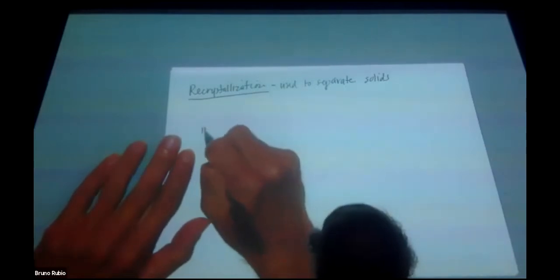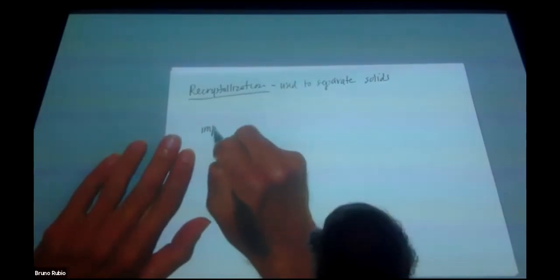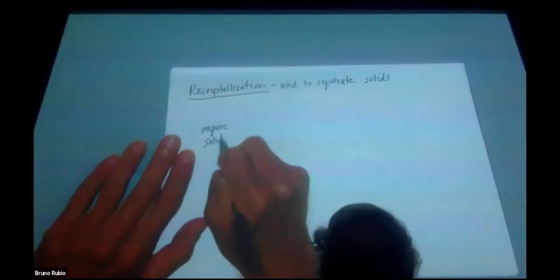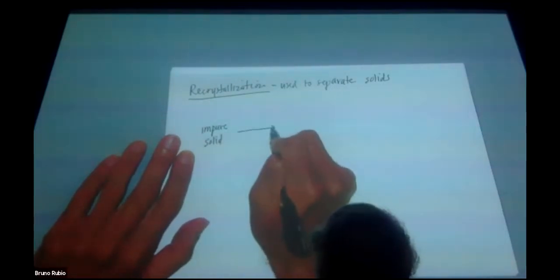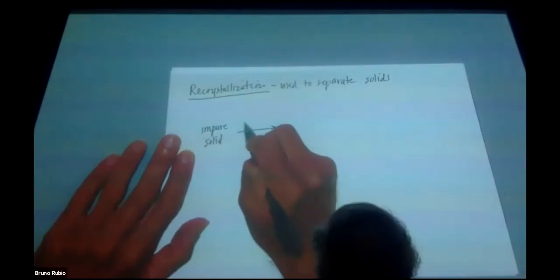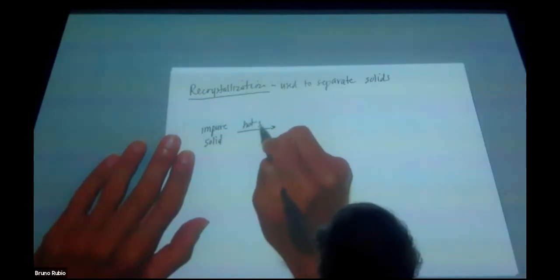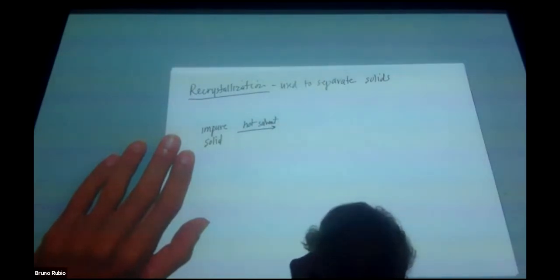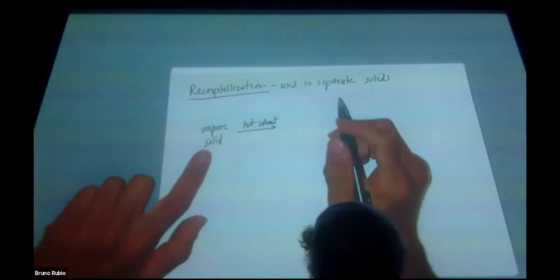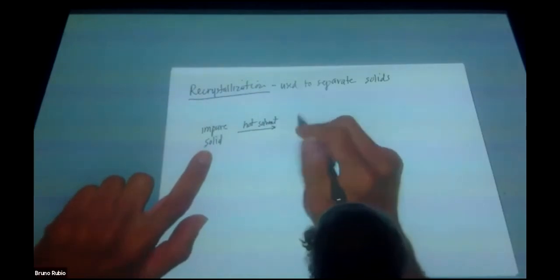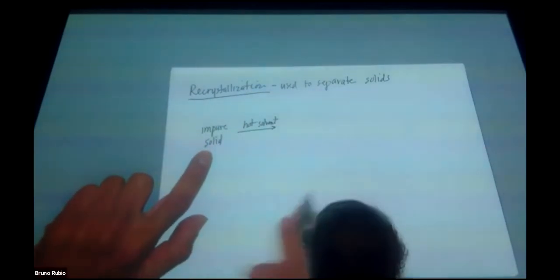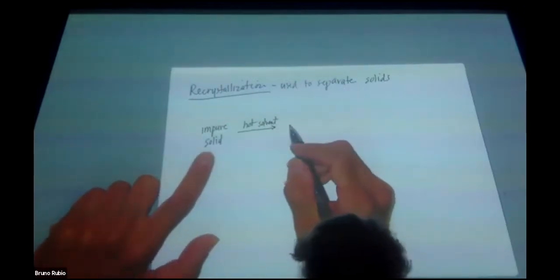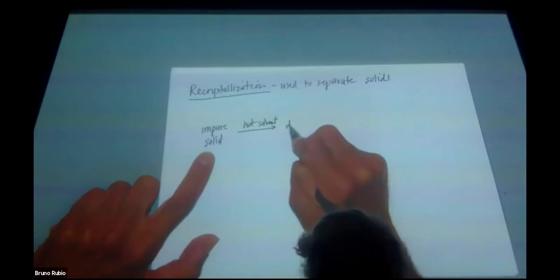So the flow chart here would be the impure solid, right? And now what you want to do is add hot solvent. And so now this all dissolves.